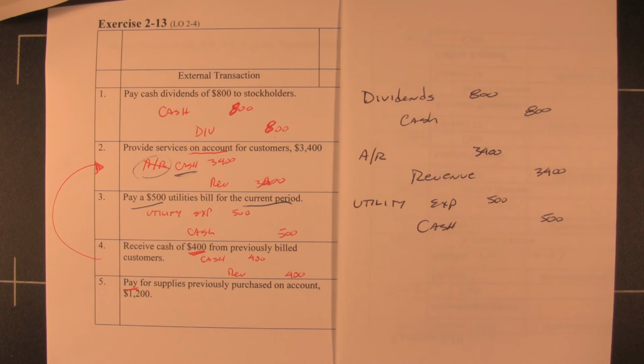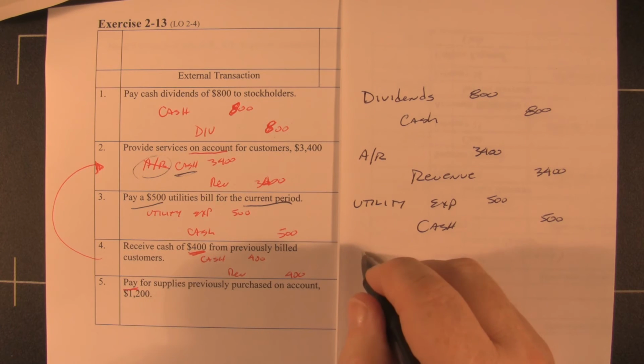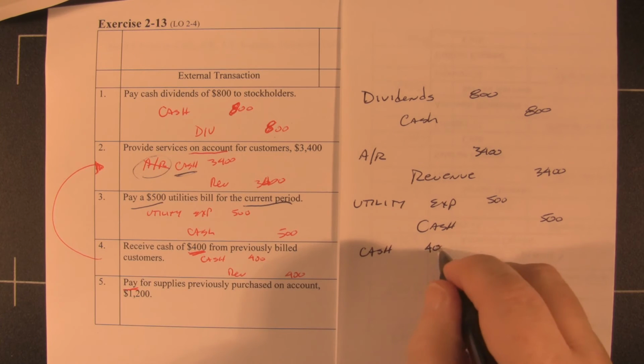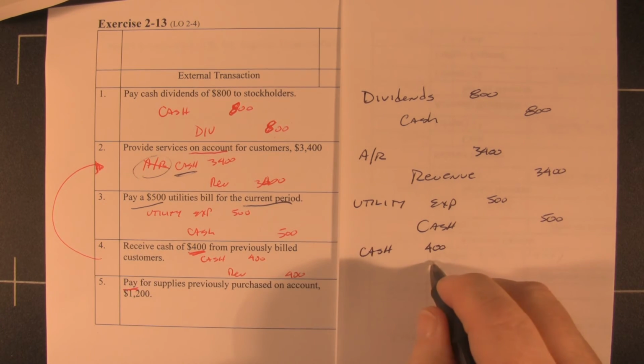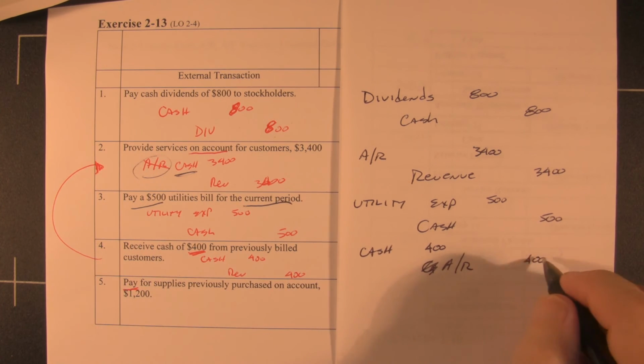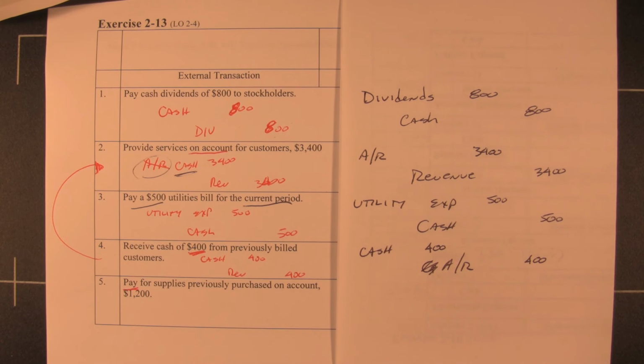We earned new money. And that's not correct. So this part is correct. Cash, debit $400, but we're now crediting accounts receivable for $400. That's one of those asset shifts things.